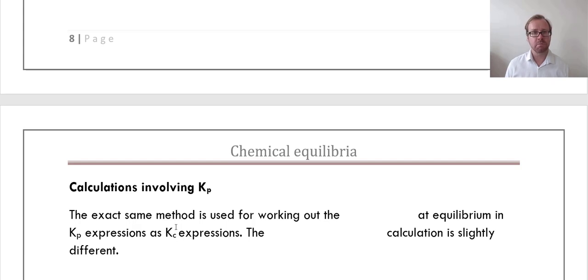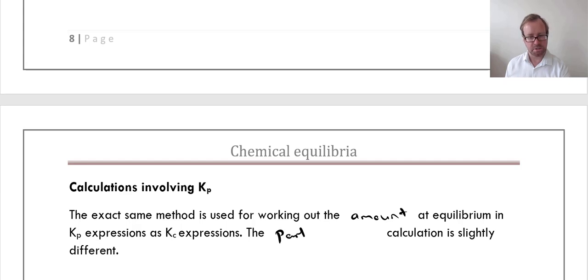Okay, so I'll let you read it first and then we will go through it together. Calculations involving Kp. The exact same methods are used for working out the amount at equilibrium in Kp expressions as Kc expressions.